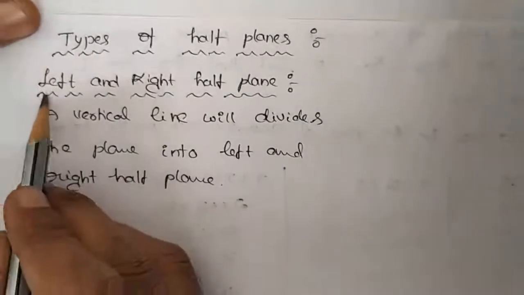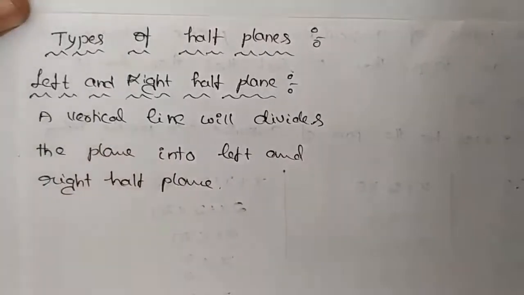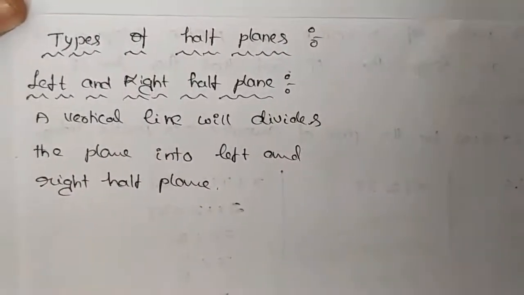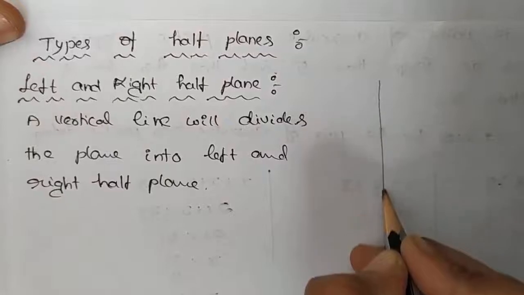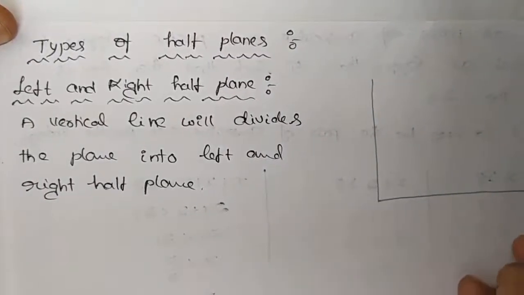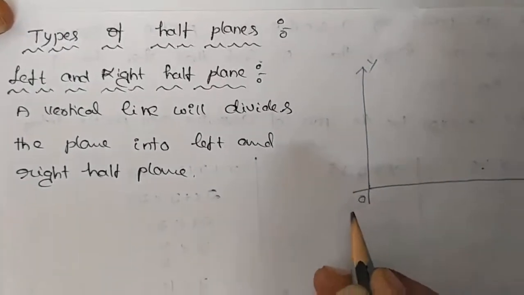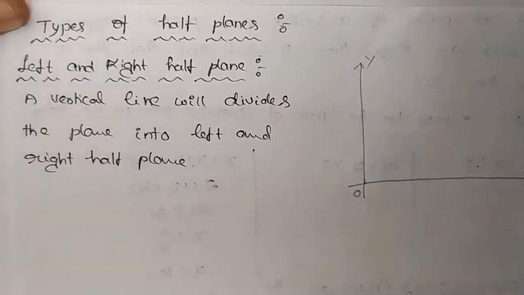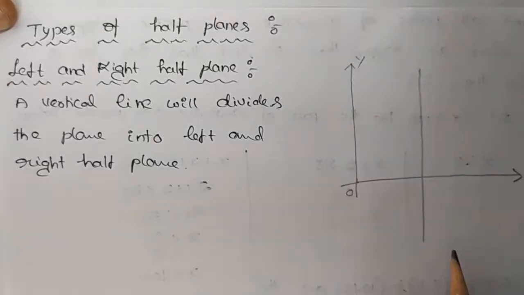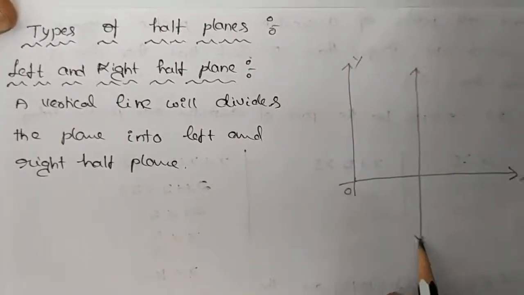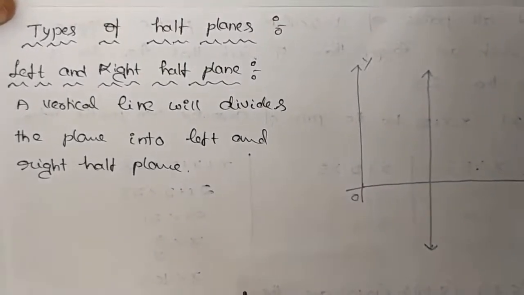First one is left and right half plane. What is meant by left and right half plane? A vertical line will divide the plane into left and right half plane. If you take a graph, x-axis and y-axis, origin, and suppose this is a vertical line, this vertical line will divide the plane into left and right half plane.